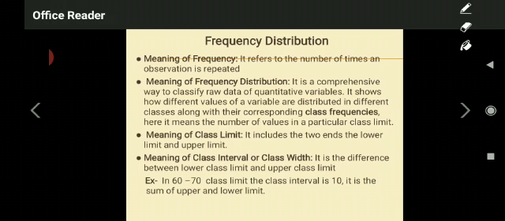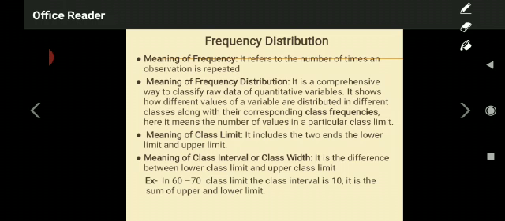That is called as class limit. And in that class limit, how many observations are appeared, we have to understand. If we are calculating the number of observations in that class limit, that is called as frequency distribution. Okay, I hope you understood. Class limit means the two ends of a class limit, that is lower limit and upper limit.